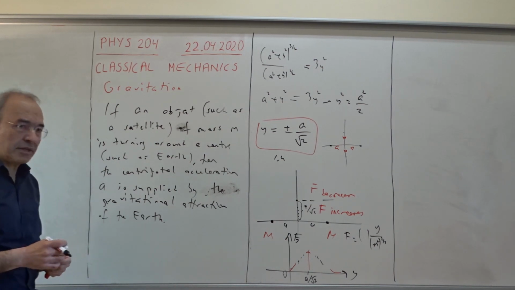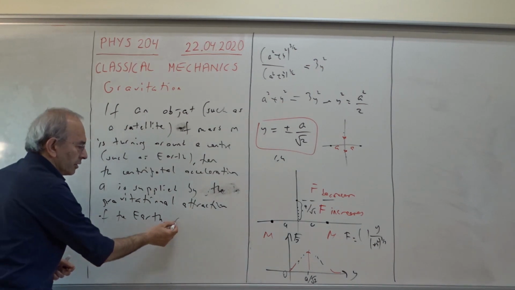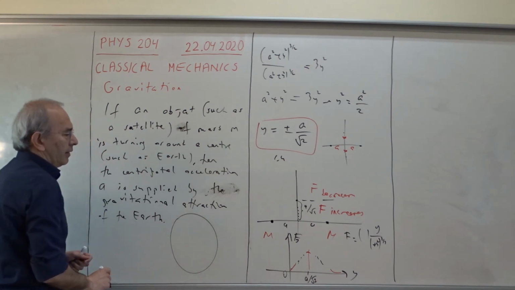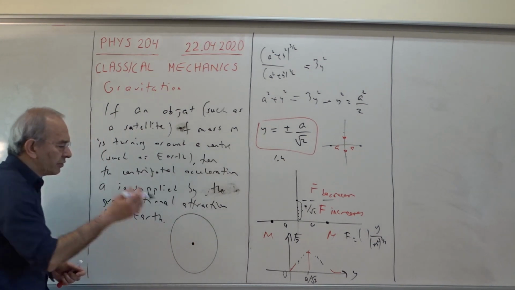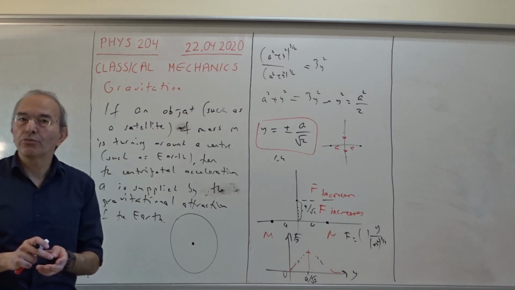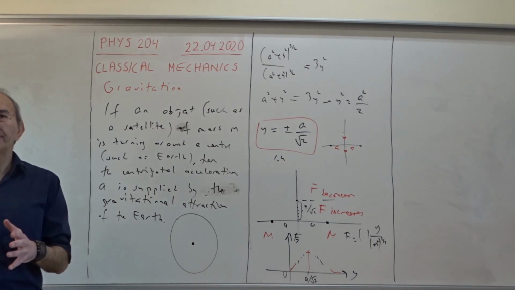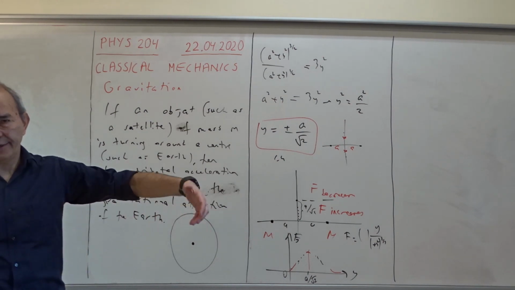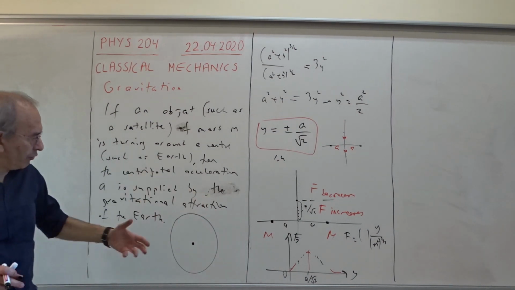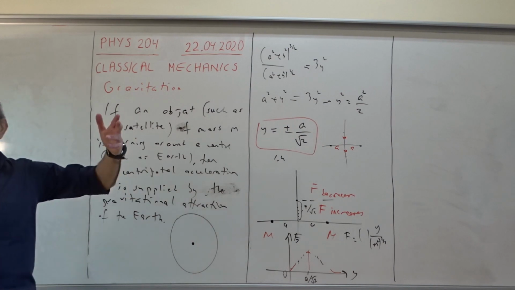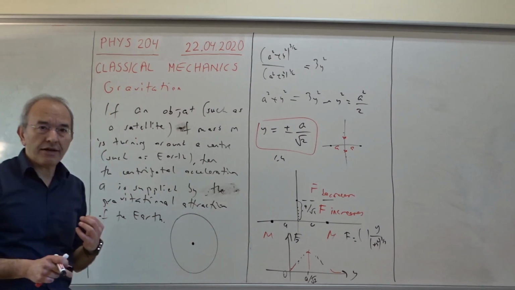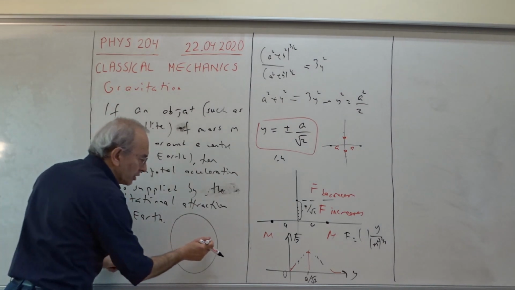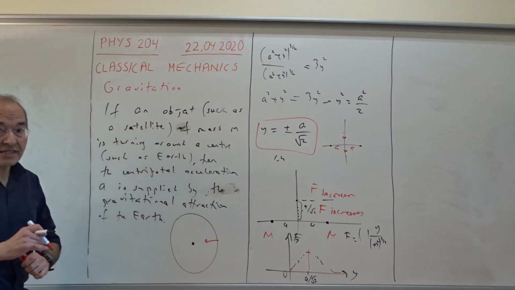Because if something, as I said before in the previous lectures, if we have a central object or no central object, if we have a car moving in a circular track, of course, this turning object, whatever it is, should have an acceleration inward. There is nothing outward.